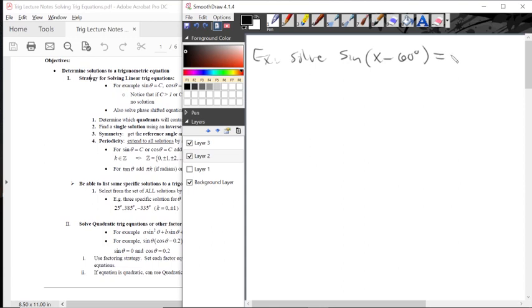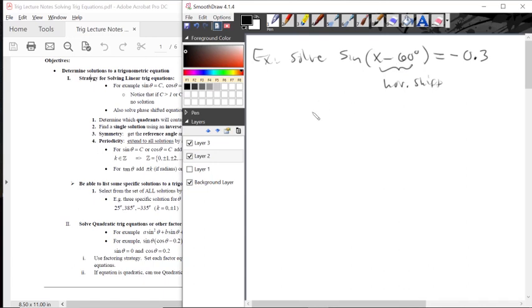Okay, sine of x minus 60 degrees is equal to negative 0.3. So we have a horizontal shift here, if we recall from the graphs of sine functions, for instance. Now this one's in degrees, so we should expect solutions in degrees.